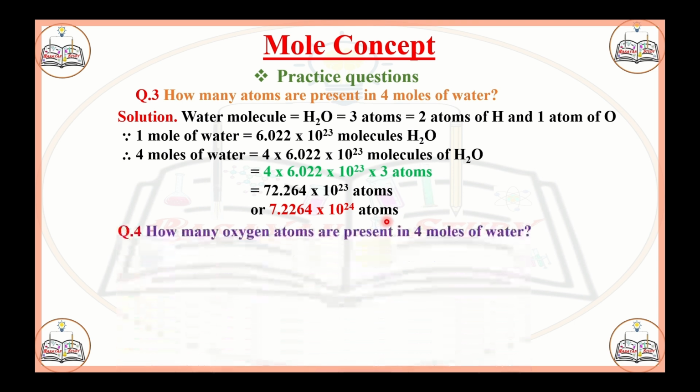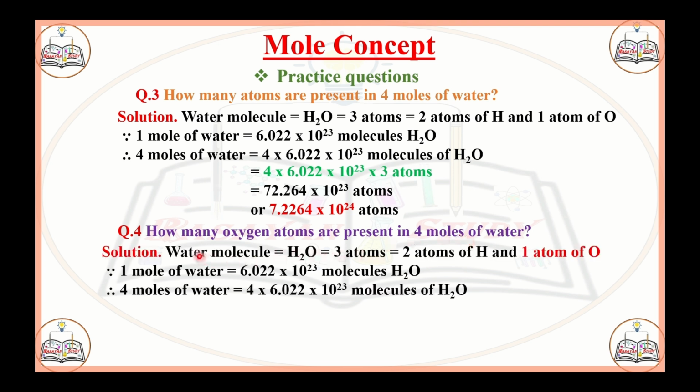Now coming on to the next question, how many oxygen atoms are present in 4 moles of water? See, the question seems silly, but it will clear all your basic doubts, and then you will never make a mistake in any of these types of questions. So try to solve it. Here similarly, we have a water molecule containing 3 atoms, out of which 1 is oxygen. So you have to notice here that 1 water molecule has 1 atom of oxygen.